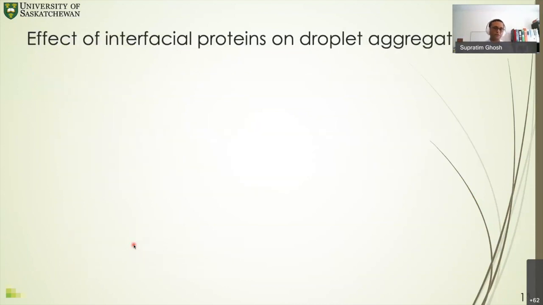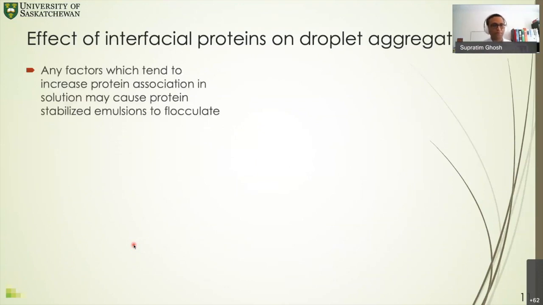Now, let's talk a little bit about the effect of interfacial protein on droplet aggregation. So we are focusing now only on protein-stabilized droplets. Any factor which tends to increase protein association in solution will cause protein-stabilized emulsion to flocculate.